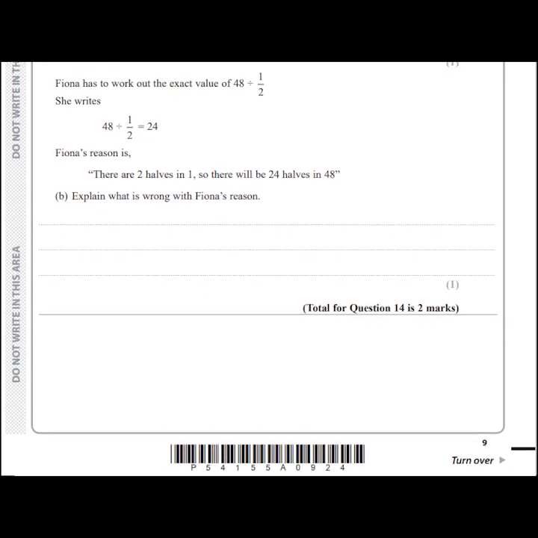Fiona has to work out the exact value of 48 divided by a half. She writes 48 divided by a half is equal to 24. Fiona's reason is there are 2 halves in 1, so there will be 24 halves in 48. Explain what is wrong with Fiona's reason. I'm just going to swap over to typing because I think that'll be a little bit easier for you to read.